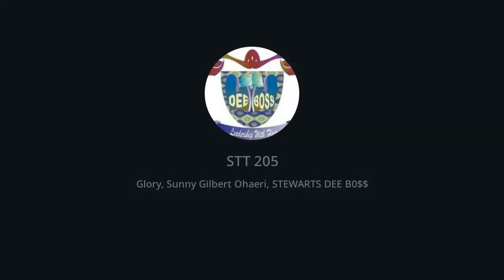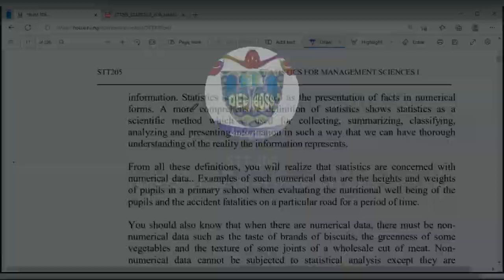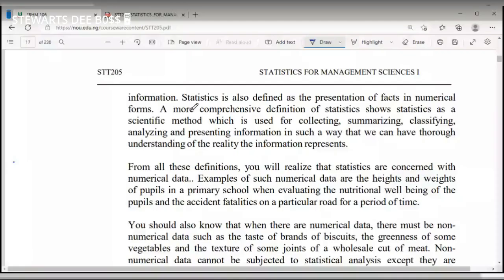Sometimes it could be about presenting other facts in numerical form. That means using numbers to express things. So for instance, something that is maybe written as a passage can be expressed in numerical form thanks to statistics. So that is what they are trying to say here.